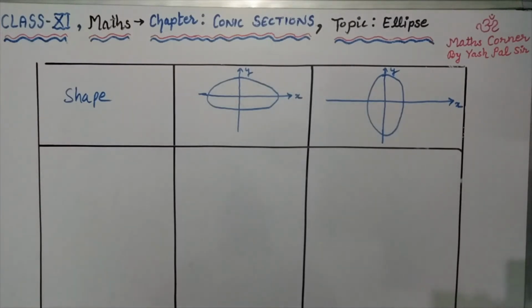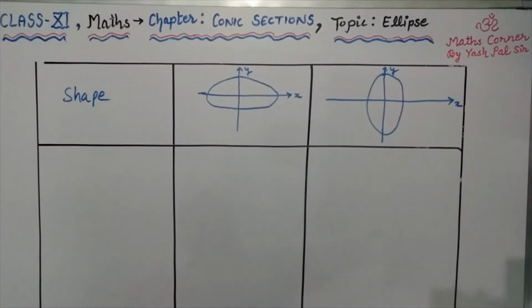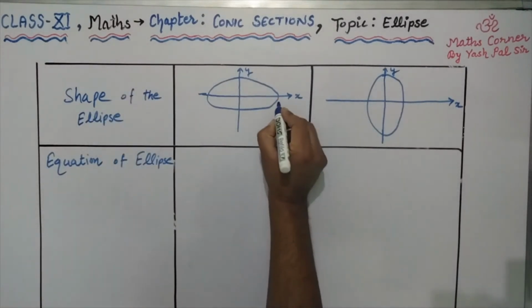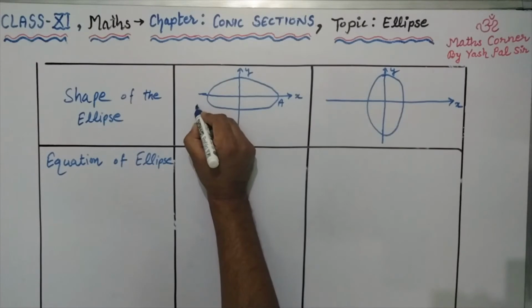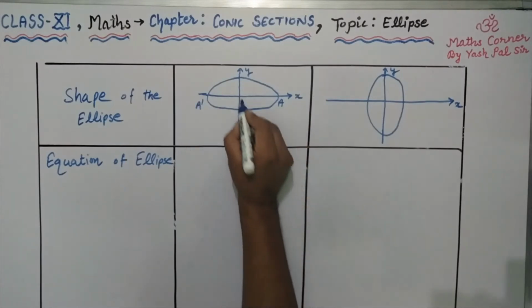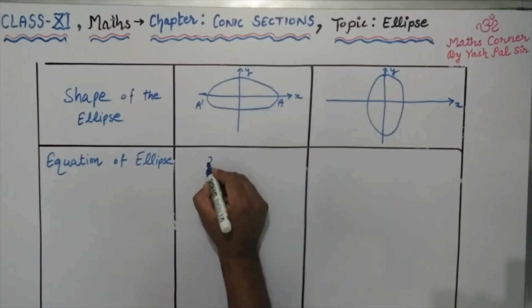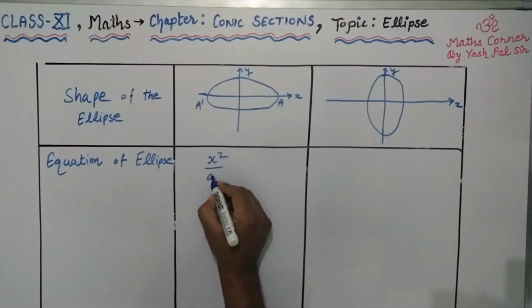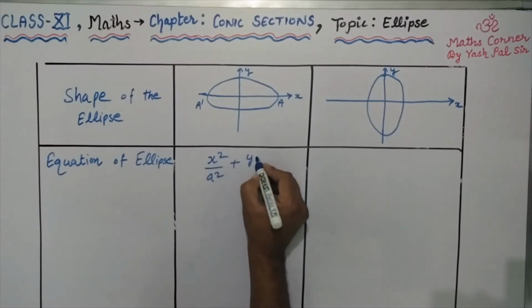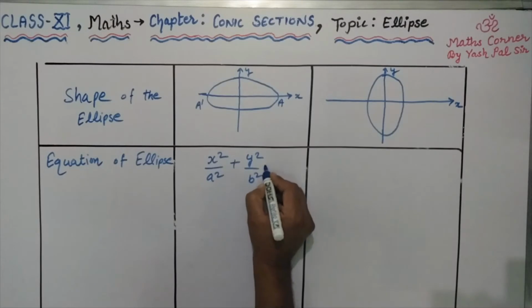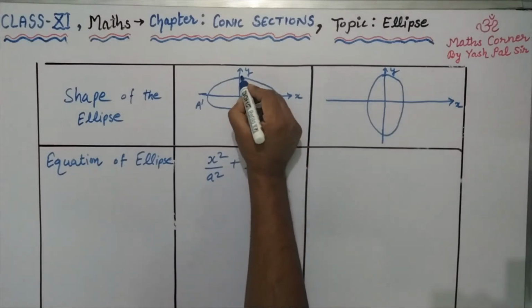Now we discuss the equation. In the first case, this is the vertex A, the second vertex A dash. So this distance is A. So we write here x square upon A square plus y square upon B square is equal to 1.